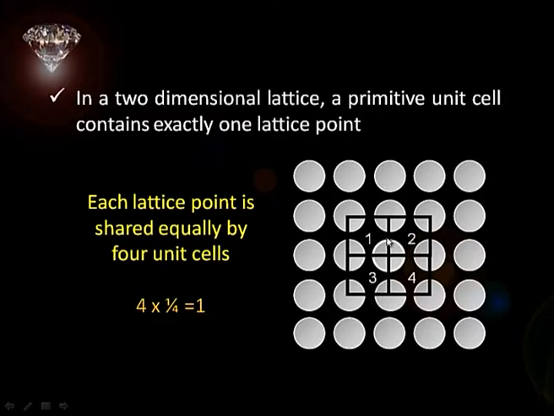Since this lattice point is a part of 4 unit cells, in this unit cell it has only 1/4 contribution, and since there are 4 lattice points and each one is contributing 1/4, the total number of lattice points in a given primitive unit cell is exactly 1.